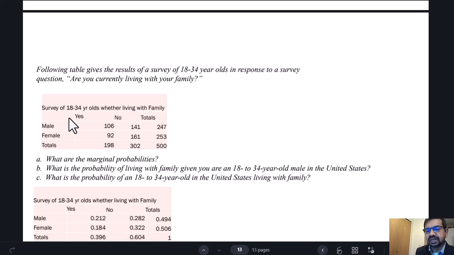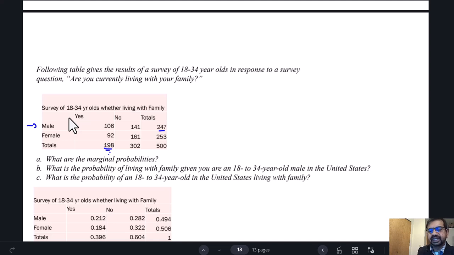So the rows tell us for male whether they live with their family, yes or no. And then this is the total number of male respondents. The second column tells us the females, yes and no. And then if we look at the columns, we get of those who said yes, how many were male, how many were female, and then this is the total number. So we can see that the rows will add up to the column number.